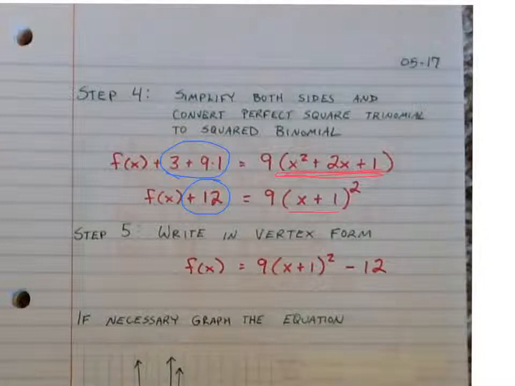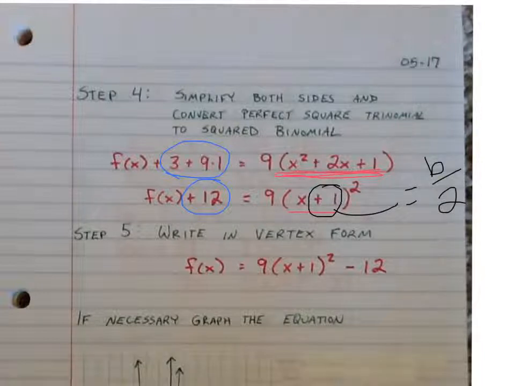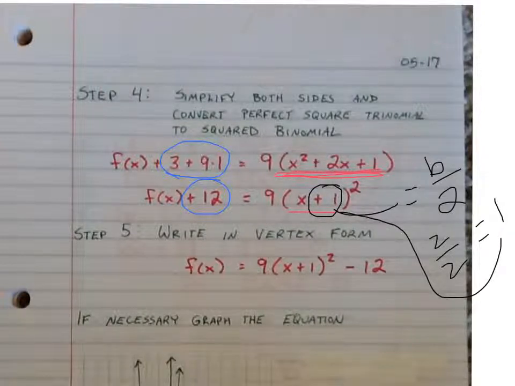If you've done everything right, the pattern that exists is this value, the plus 1, is equal to b over 2. So in our case, 2 divided by 2 is equal to 1. So we're able to put the 1 into that location.